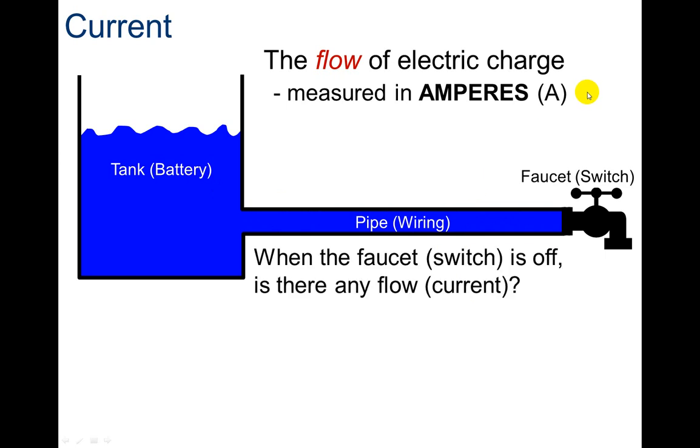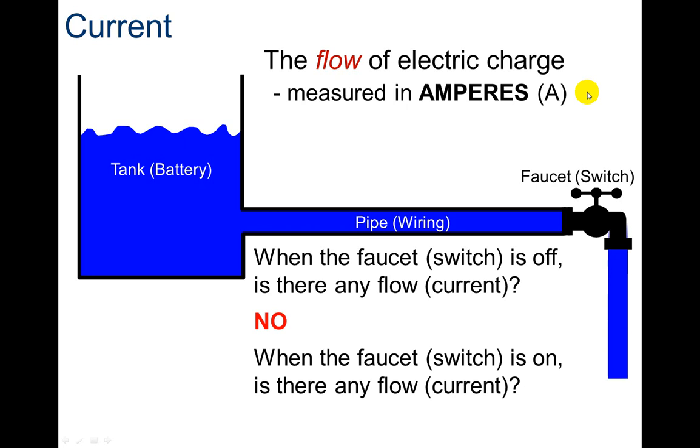When the faucet switch is off, is there any flow or current? Well, no, it's not moving. So we have 0 coulombs per second, or in this case water droplets, moles, however you want to measure it. When the faucet switch is on, is there any flow or current? Well, yes, it's flowing.